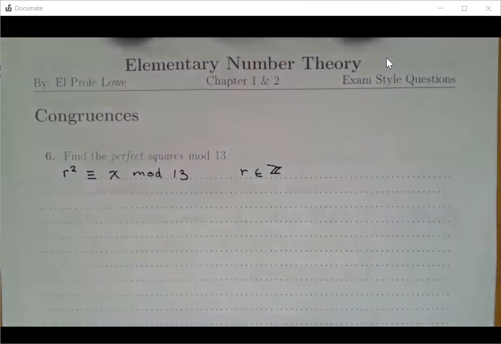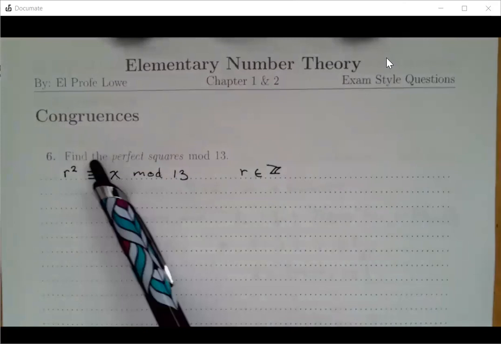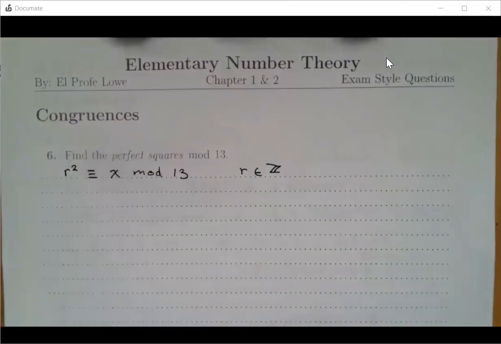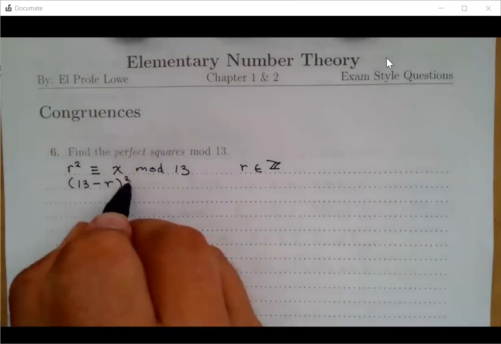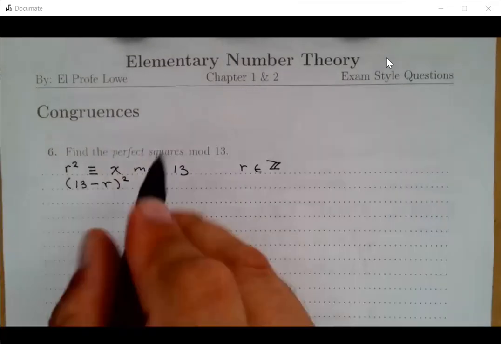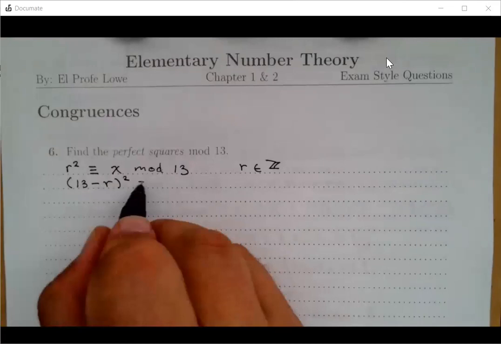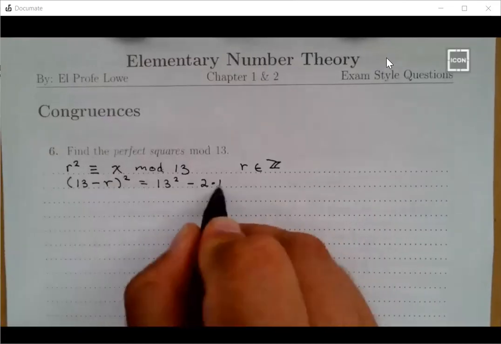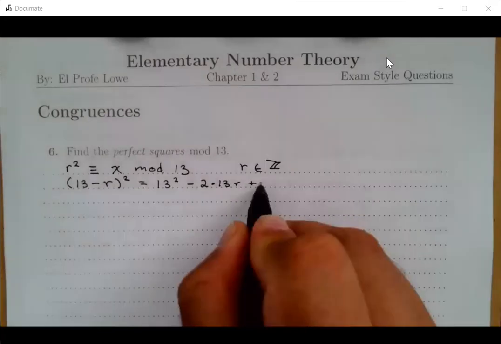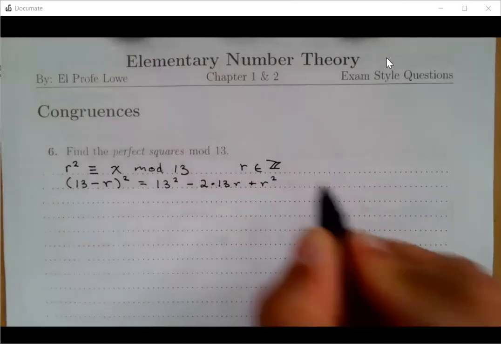A thing to note is that (13 minus r) squared is equal to 13 squared minus 2 times 13r plus r squared.